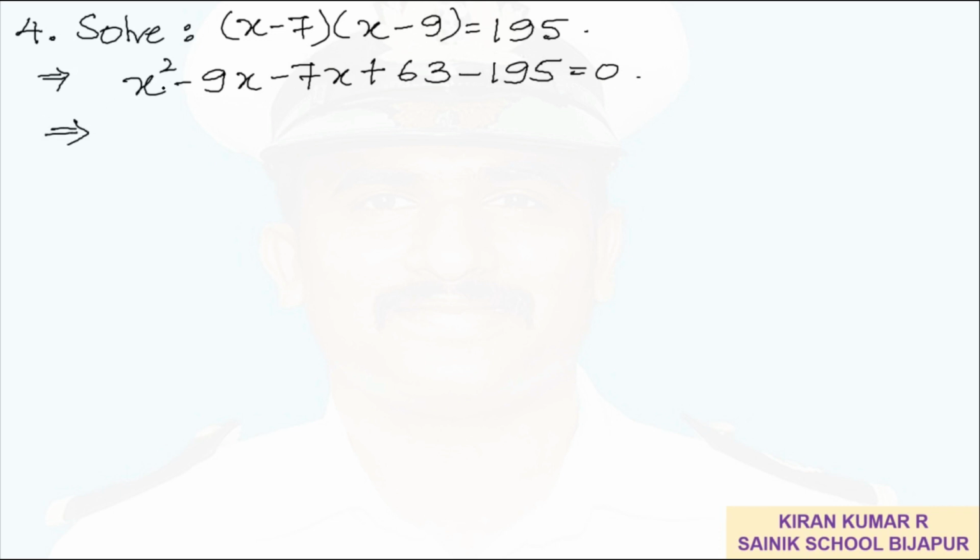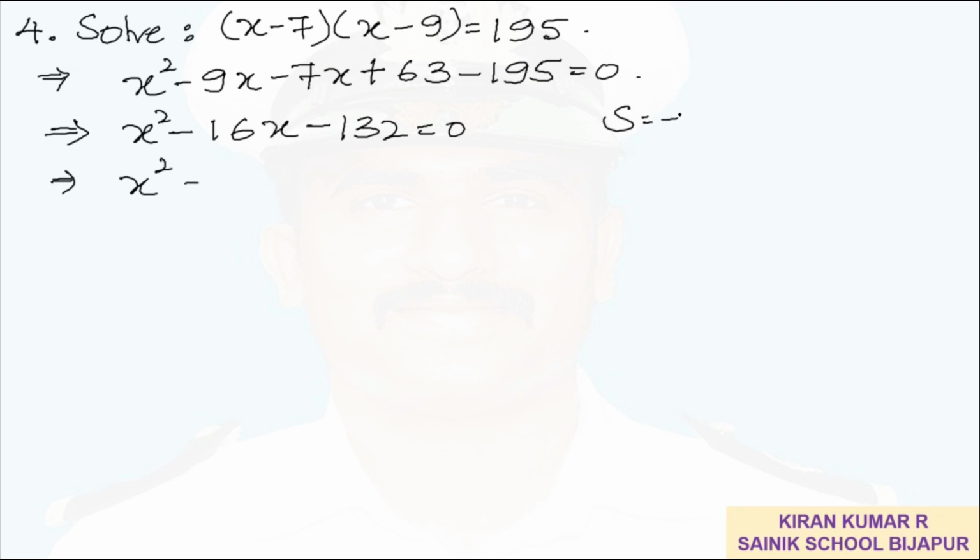Further, x square minus 9x and minus 7x upon addition we get negative 16, and the sum of 63 and minus 195 is negative 132 equal to 0. This implies x square minus, I have to take the combination to make a sum and the product.